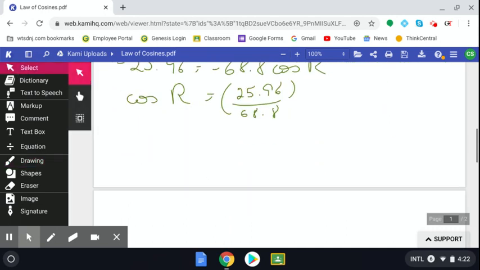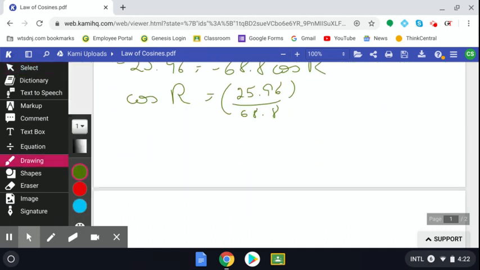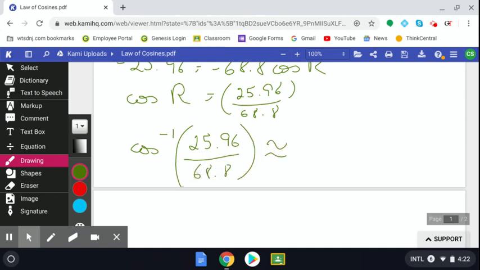So we can do inverse cosine of 25.96 over 68.8, and you get the value for that to be about 67.8. We're rounding to the nearest tenth.